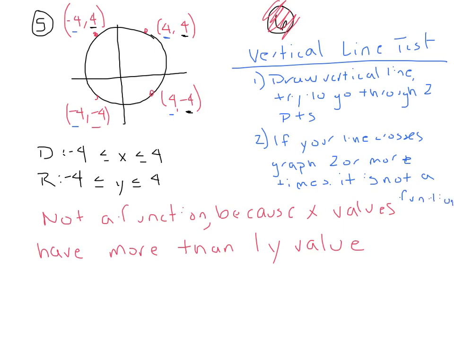Okay, if your line crosses more than 2 times, it is not a function. So, for example, if I were to take this graph and draw a vertical line, my line would cross the graph here and here. Because it crosses in more than 2 places, this is not a function.